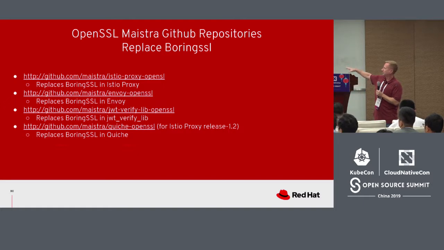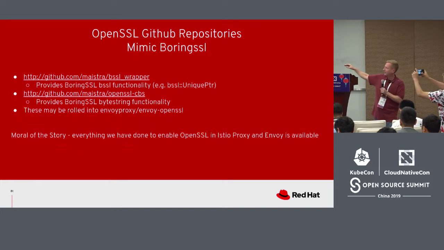These are all just for reference. For each one of the components and for each one of the dependencies, we've created a similar pattern of how to replace BoringSSL with OpenSSL. We've got a process on the next slide, and we're probably not going to have time because I'll give a couple minutes for questions. Can you hit the next one?